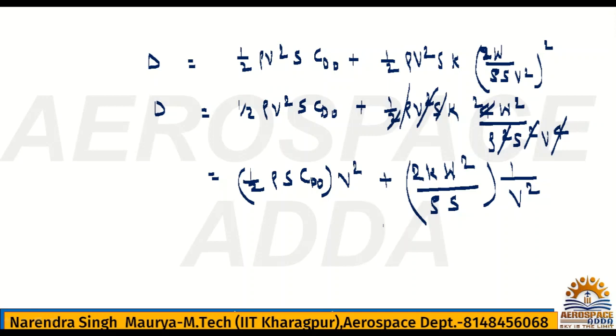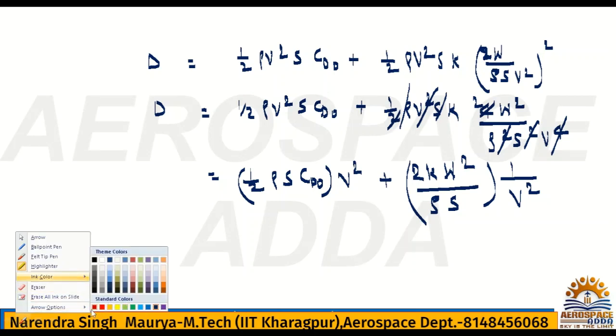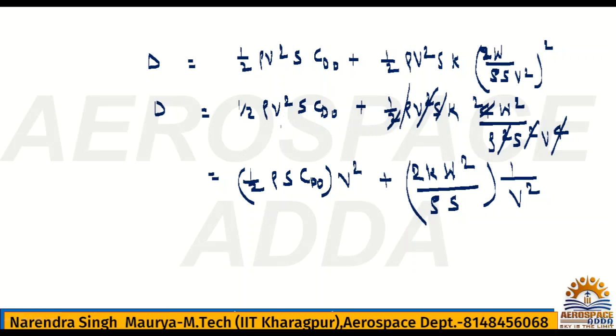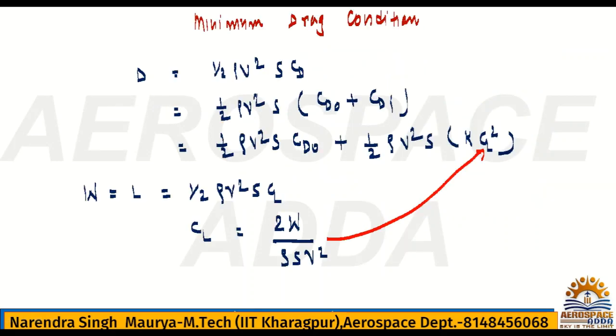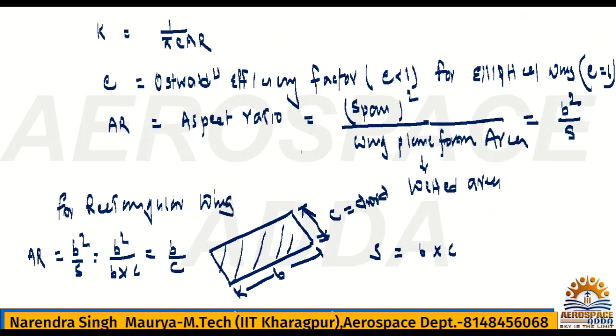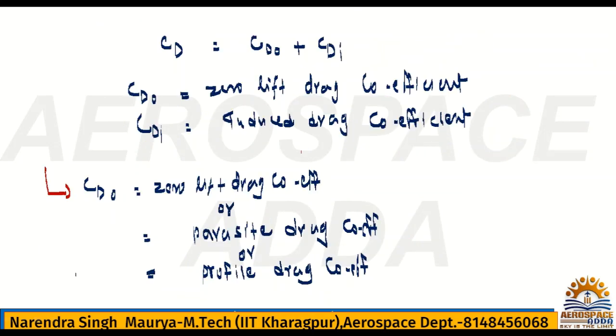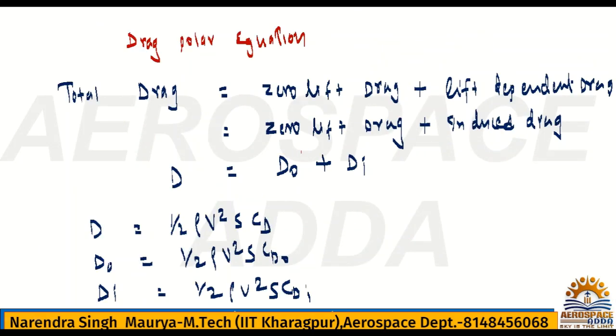Now check, a very important point I'm going to tell you. What is this first part? It comes from CD naught: half rho V square S CD naught, which is nothing but D naught. What is D naught?